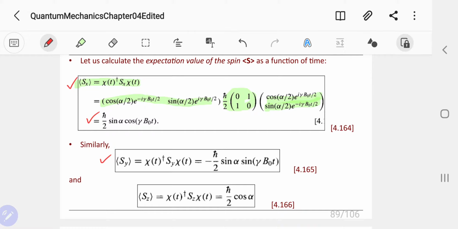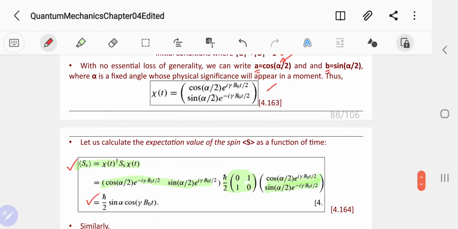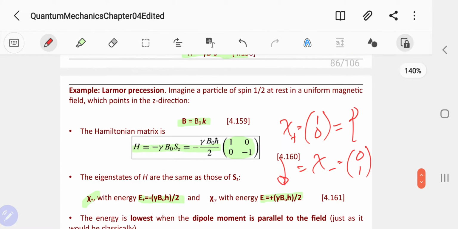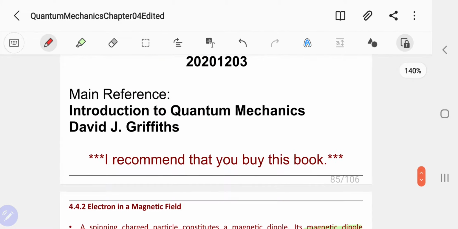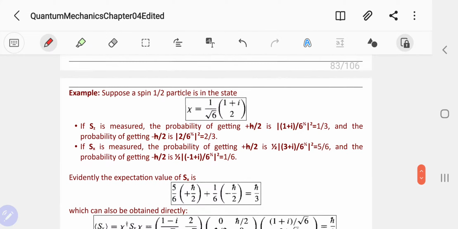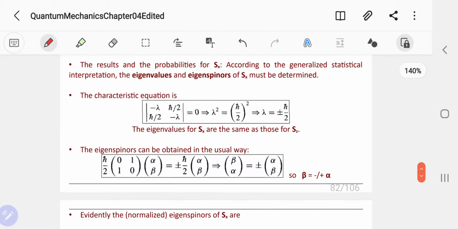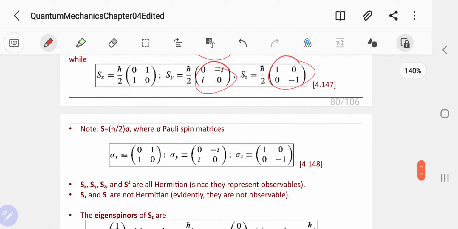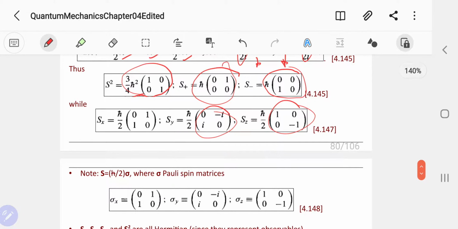By the way, these are the definitions of Sx, Sy, and Sz. I cannot erase anymore. This is your Sx, your Sy, and Sz.